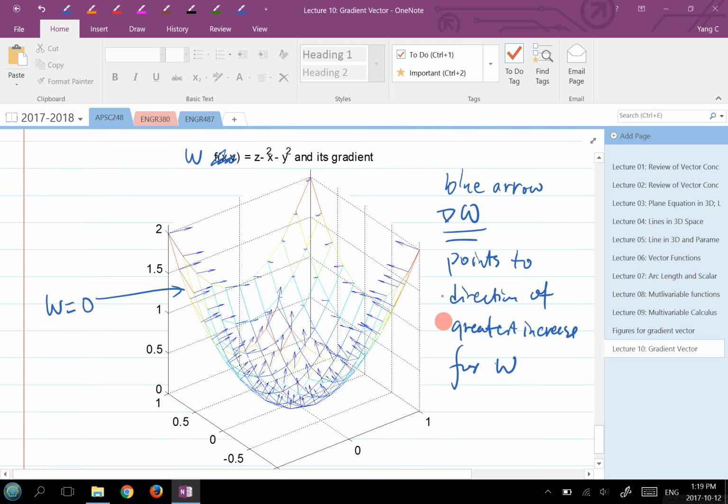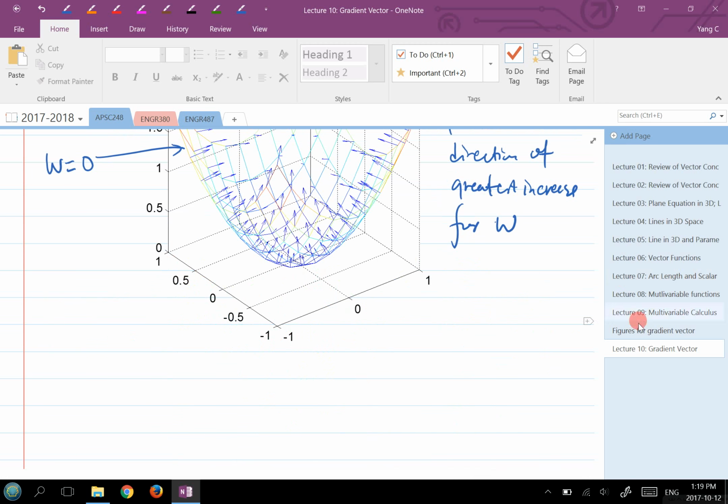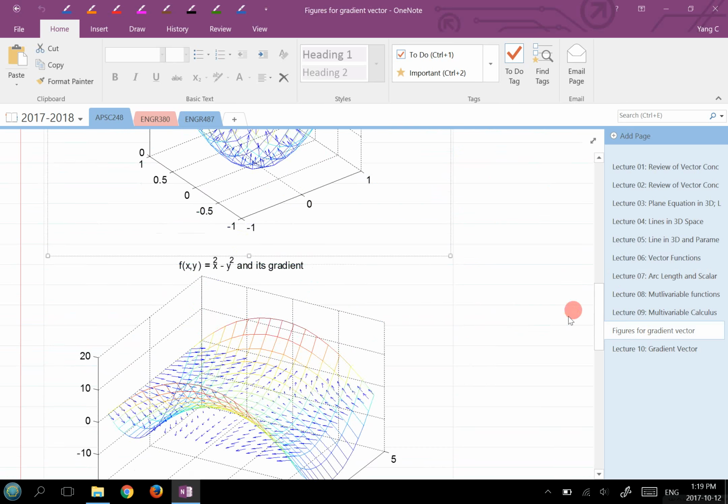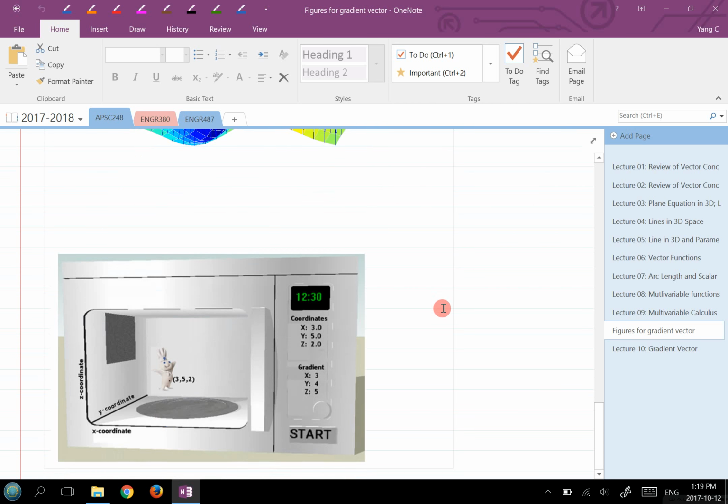There are a couple more things I want to illustrate later, but there's another way of illustrating this concept that is also quite straightforward in terms of the gradient vector. We all love to eat the Pillsbury doughboy cookies, right? So let's suppose you have a very fancy oven. How fancy is it?